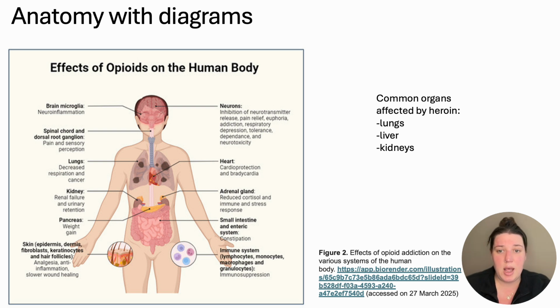Heroin can affect many organs, as you can see on the diagram on the left. However, I will just be covering the lungs, liver, and kidneys, and then also the brain, but that's in the next slide. So for the anatomy of the lungs, it has the apex, the base, 2 or 3 lobes, and then the surfaces.